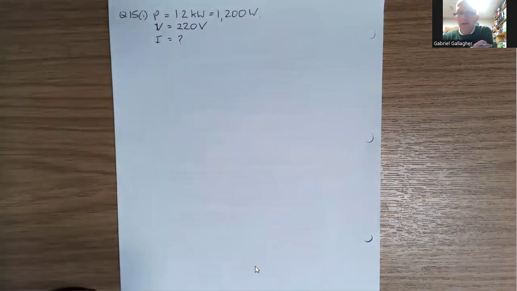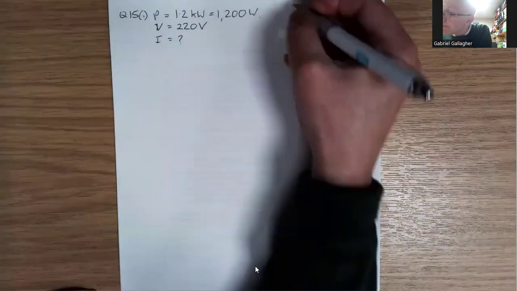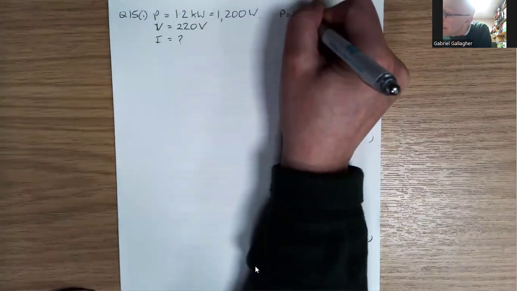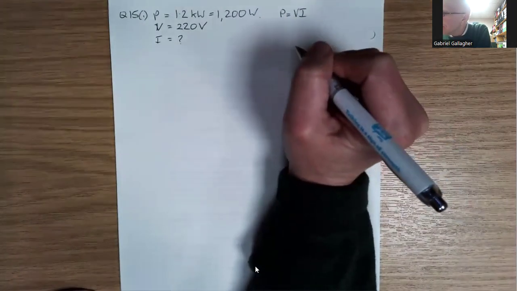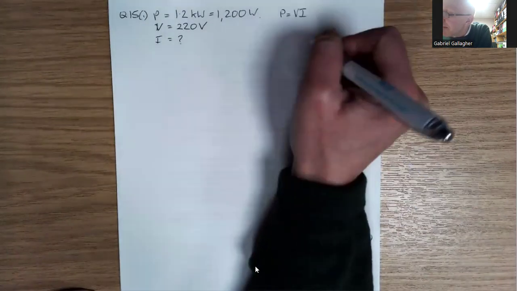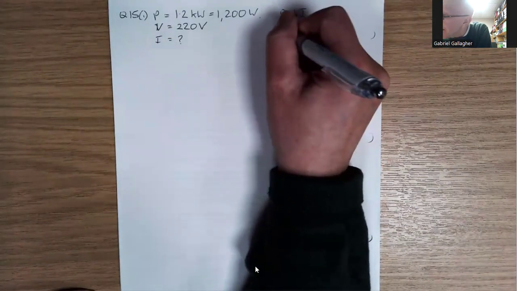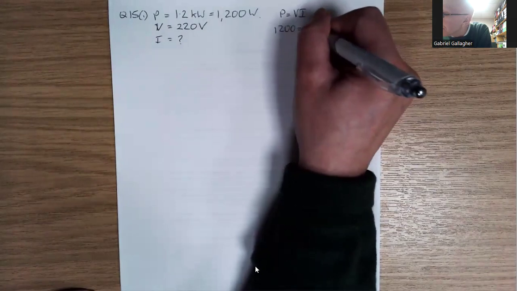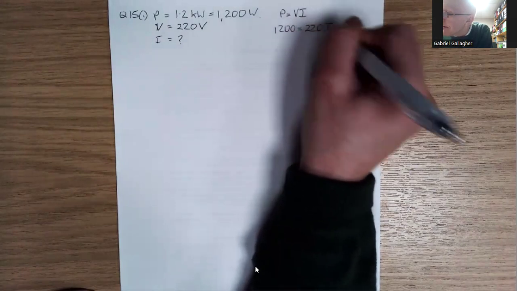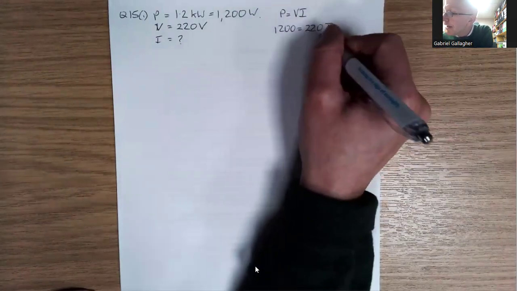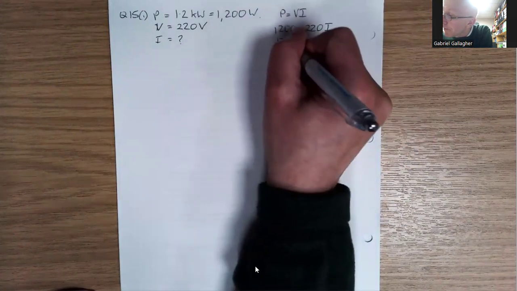As always, do we know an equation that relates these three things together? You bet. P equals VI. So we apply that: 1200 equals 220I. To get I on its own, you divide by 220, divide by 220.